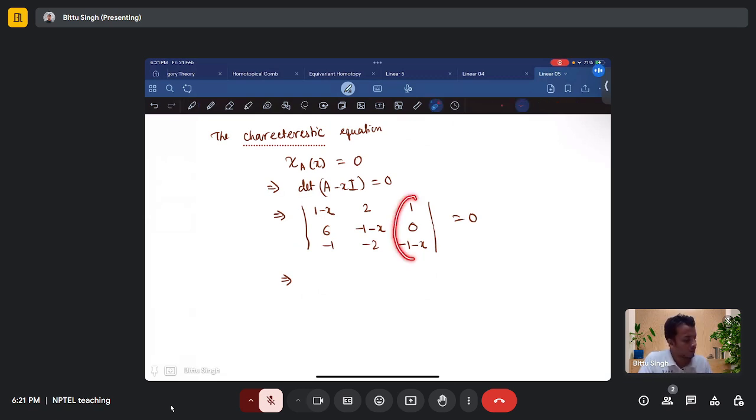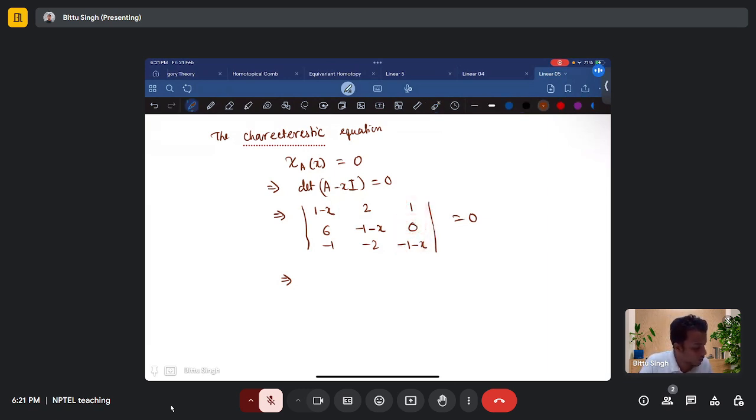It is easy to see that if we find the determinant with this third column, it is easier because there is some 0.